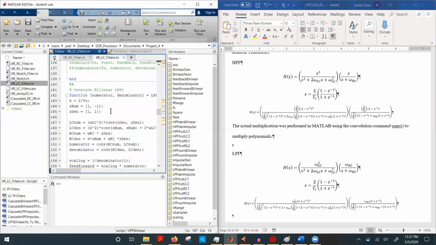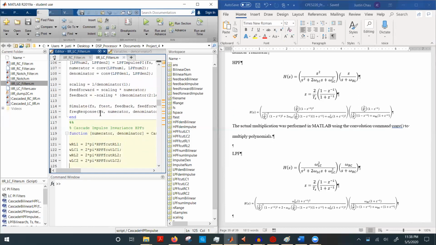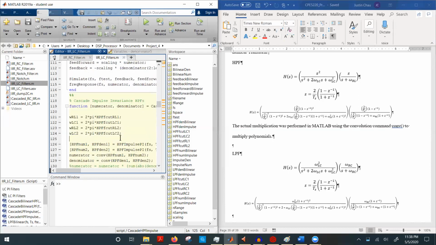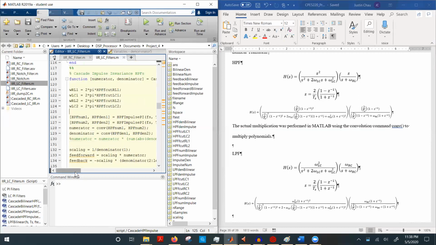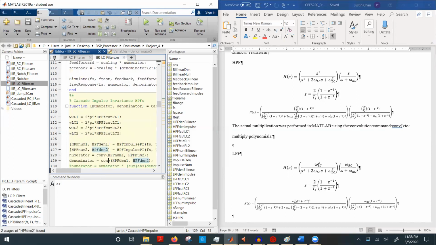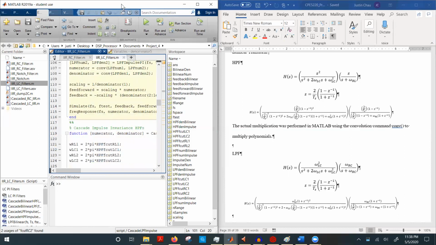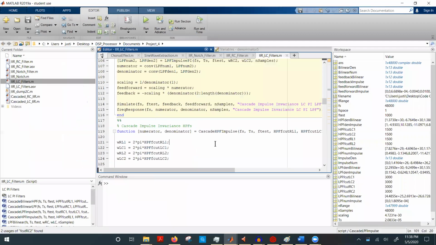So with that, we should be good to go on all 4 of our filters. Then we just need to cascade them together, which is pretty straightforward. You just use convolution again to cascade the high pass filters, then you cascade the denominators. Let me make sure, I want to confirm something real quick.